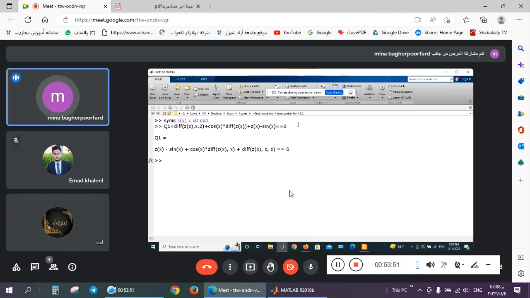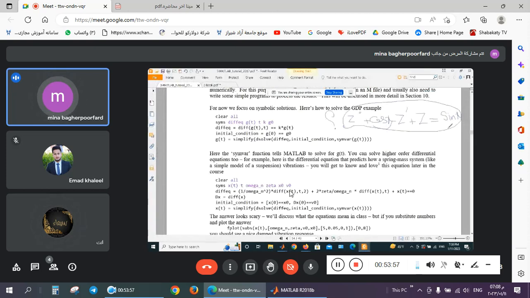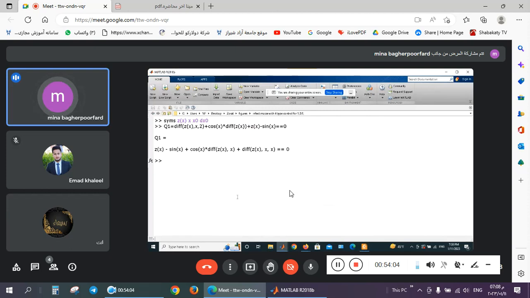Okay, I move sine of x from right to left. The right side is sine of x and I move it from right to left. After that, I should put a differential of z. dz equal f of z. Okay, this is the dz.